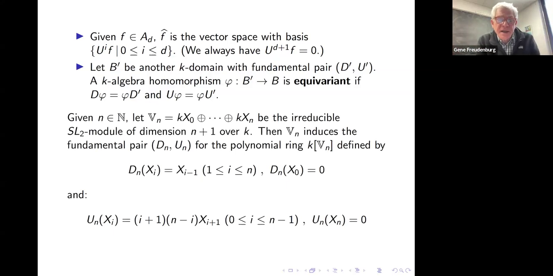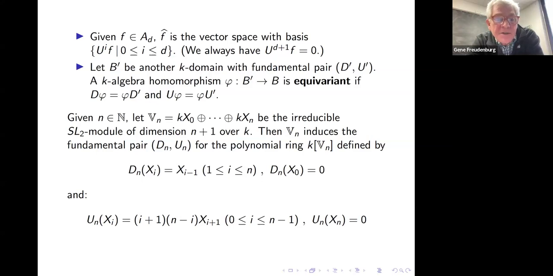All right, so given an n, I want to let V_n, as I did above, represent the irreducible SL2 module of dimension n plus 1 over k. So V_n induces a fundamental pair on the polynomial ring in n plus 1 variables. I'll call that, for the moment at least, D_n, U_n. And D_n is given explicitly, just sending x_i to x_{i-1} and so forth down to x_0, which gets sent to 0.